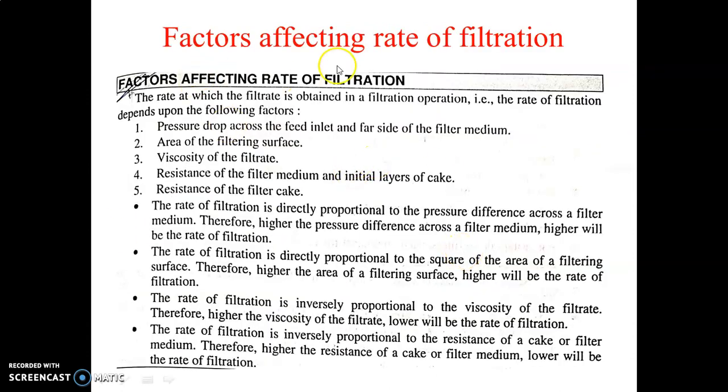Then next part we will discuss factors affecting the rate of filtration. Rate of filtration means how much filtrate is coming through this filter medium. That is called the rate of filtration. So the rate of filtration depends upon different parameters. So these are the factors on which the rate of filtration depends.